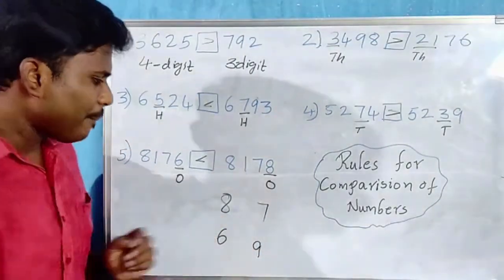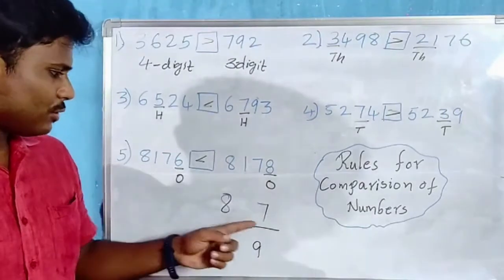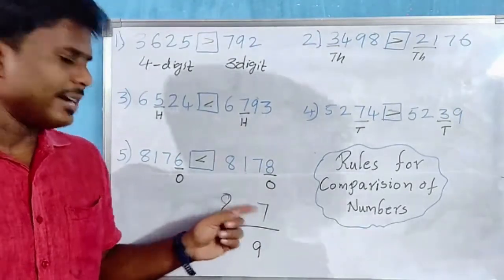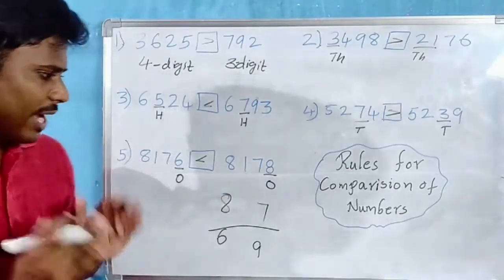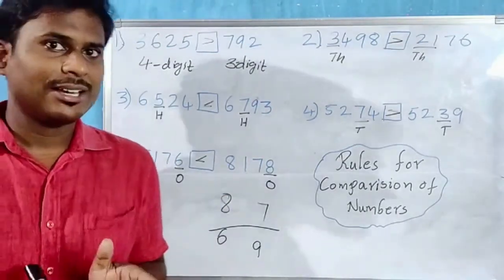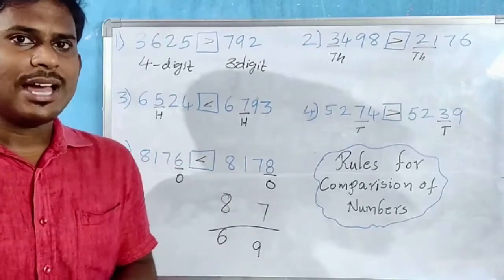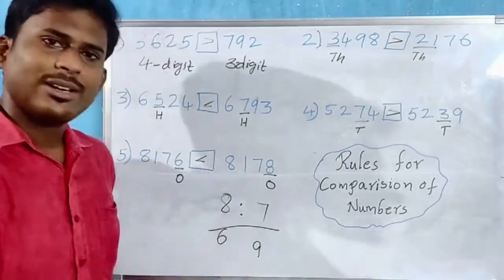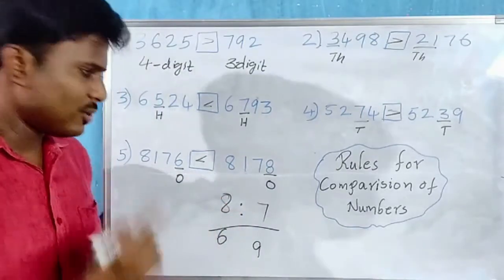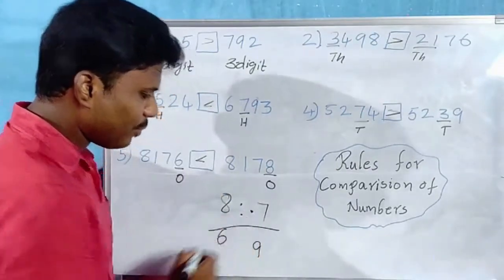Let us compare these 2 digits, 8 and 7. Which is greater here? 8 is greater than 7. So 8 is the greater number, and as I said, for the greater number let us give 2 points. Here the less number gets 1 point.